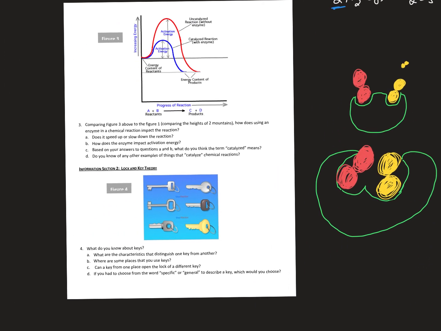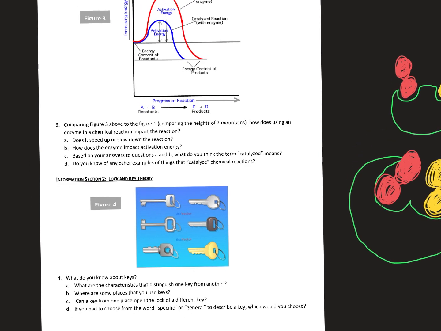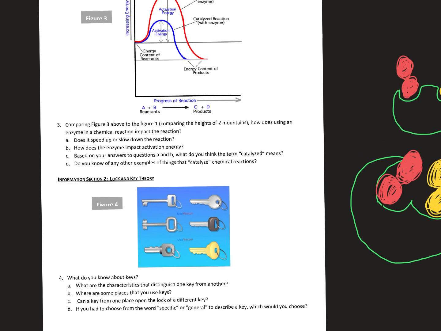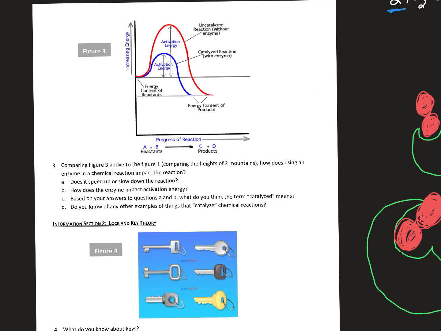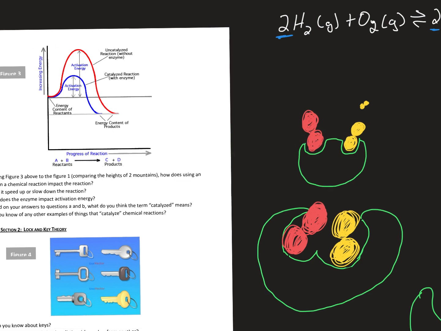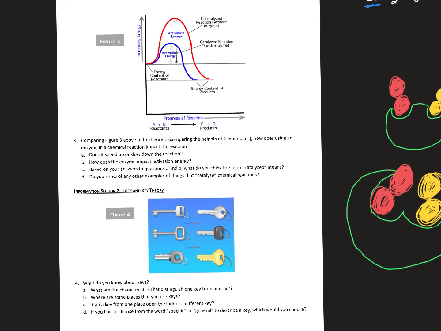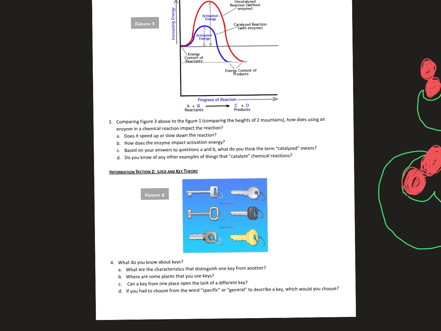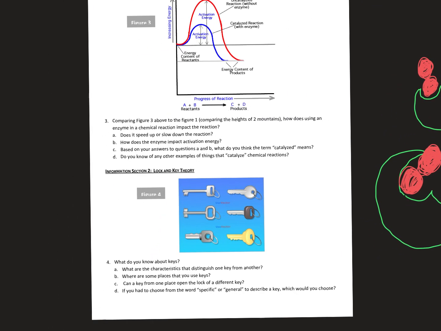So it's very important that the shape ends up fitting the substrate. In this case, this enzyme catalyzes a reaction between these two, so it has an active site for the hydrogen and an active site for the oxygen. All right, and remember this green, the enzyme is a protein, so it folds back and forth.